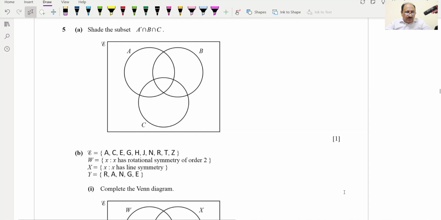Now question number 5. Question number 5 says shade the subset A complement intersection B intersection C complement.